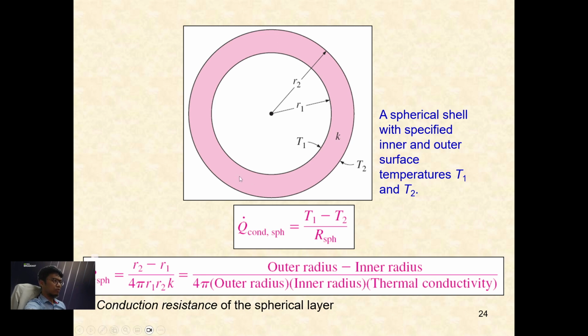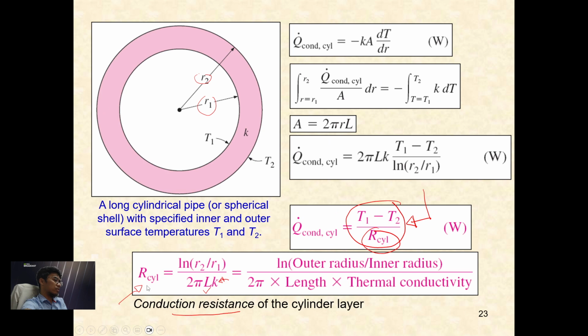For example, this is your spherical shape, so K is the thermal conductivity of that material. There's no natural logarithm in the spherical equation. Remember that this is only for conduction, and the cylindrical one is also for conduction.